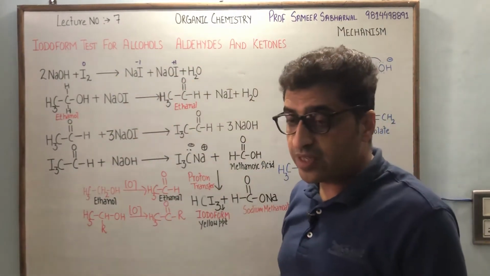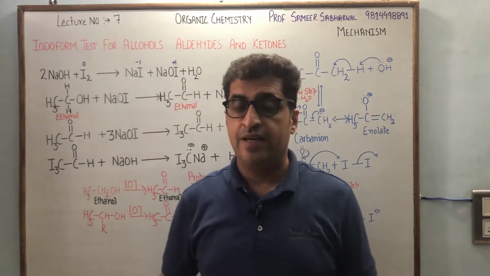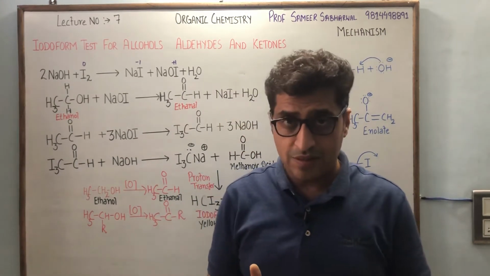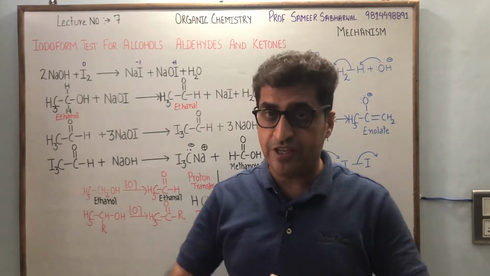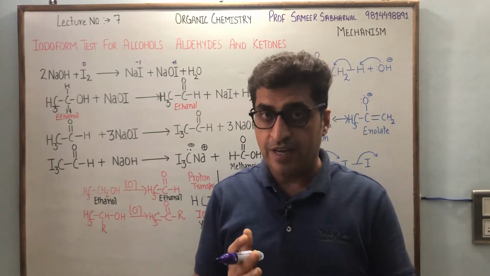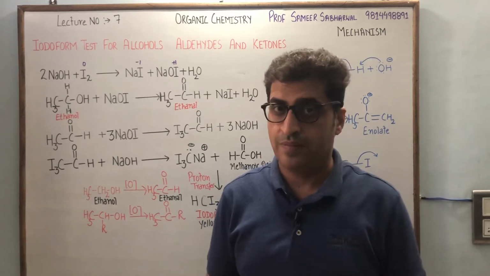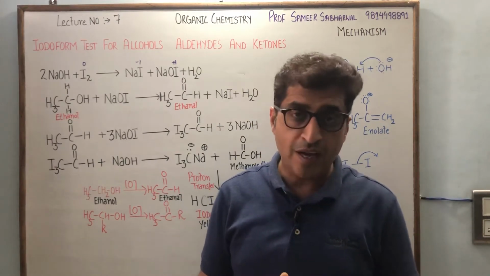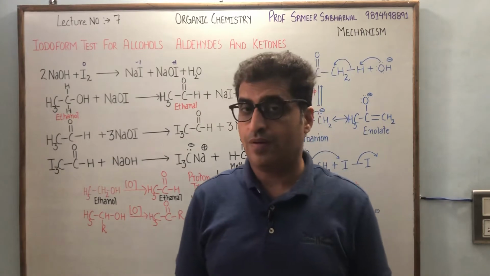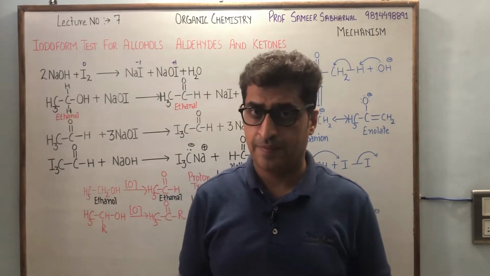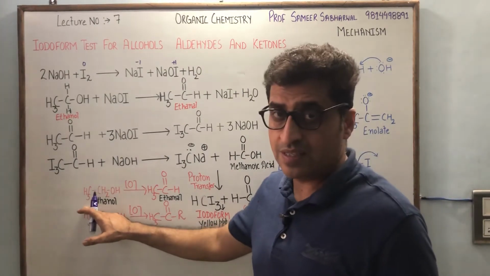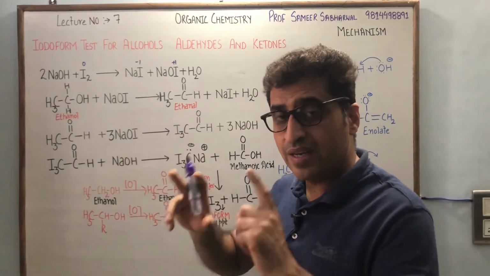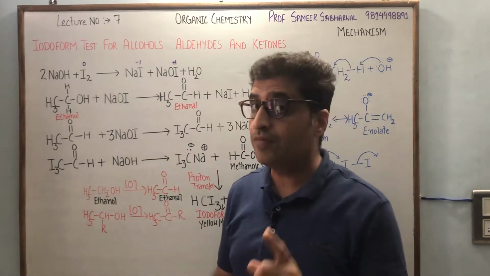Now this reaction is given by alcohols, and if I differentiate, if I take 1 degree alcohol, from 1 degree alcohol it is only ethanol which gives this test. You can see here this is ethanol. This test is given by ethanol only from 1 degree alcohol.